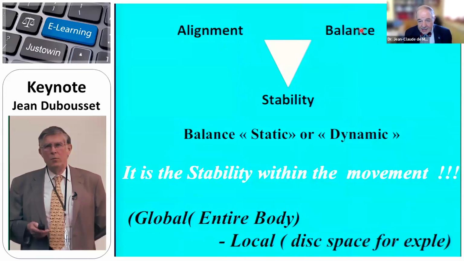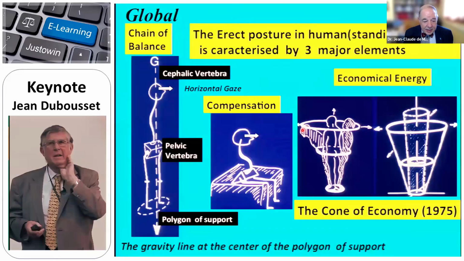Alignment, balance, and harmony, very important. This stability: alignment is static, and balance is more dynamic. And the work of Dubousset was on the cephalic vertebra, yes, but mainly also on the pelvic vertebra.